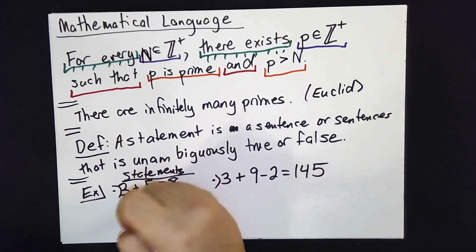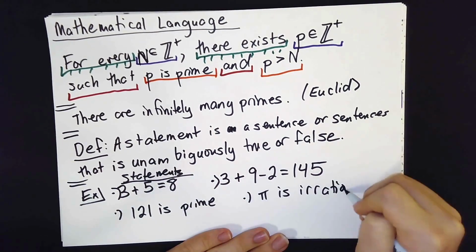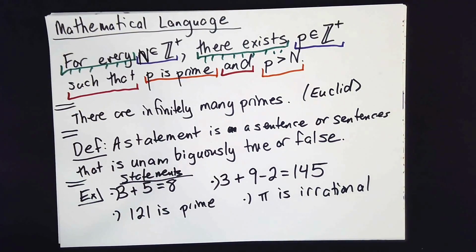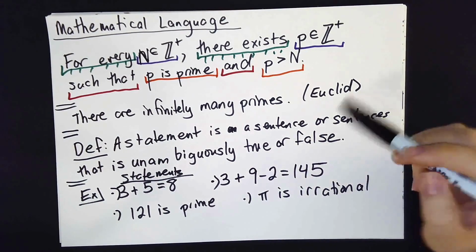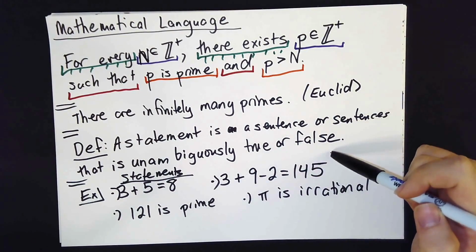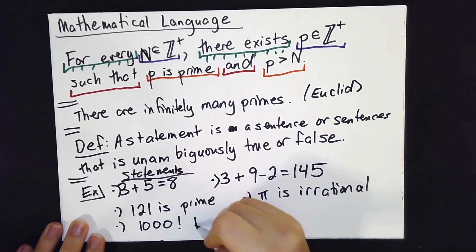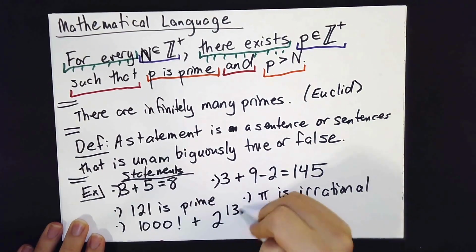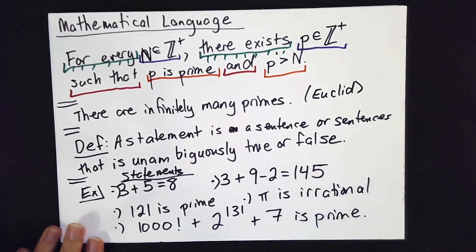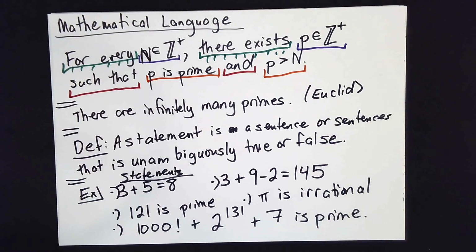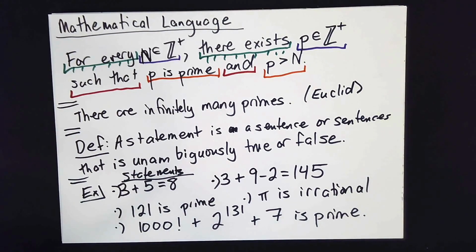But things like this, 121 is prime, pi is irrational, these things are statements. Now, I want to note, you don't have to know whether the thing is true or false in order to know that something is a statement. So, for example, 1000 factorial plus 2 to the 131st power plus 7 is prime. This is a statement. I don't happen to know whether it's a true statement or a false statement, and I somewhat doubt you do either, because I at least arranged that this number is odd.